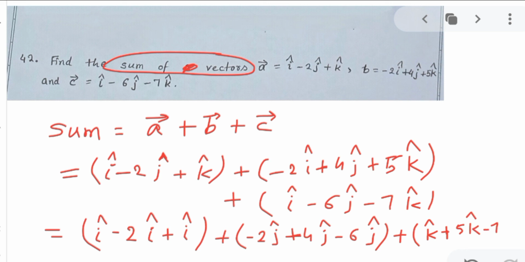Now i minus 2i plus i: i plus i is 2i, 2i minus 2i will be 0 into i cap.